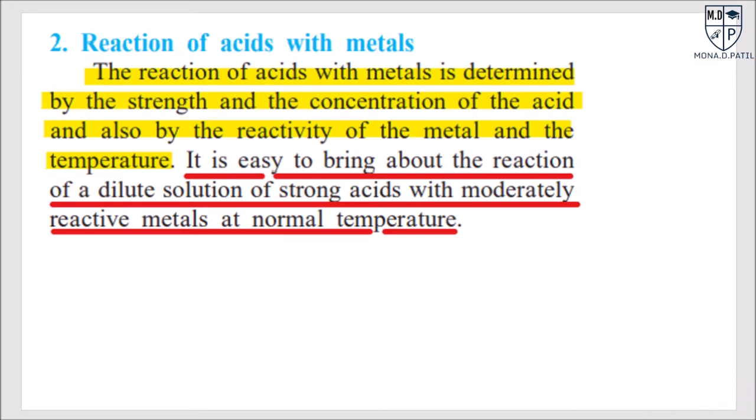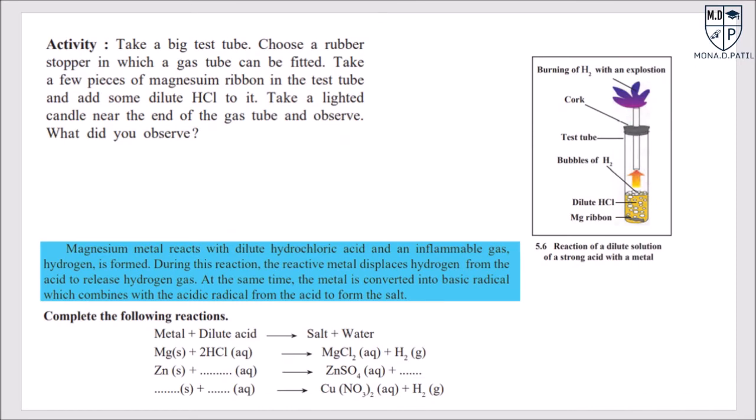So it is easy to bring about the reaction of a dilute solution of strong acid with a moderately reactive metal at normal temperature. Here basically the metals are of three types. They are highly reactive, moderately reactive and low reactive, or less reactive. From that, the first reaction is what?